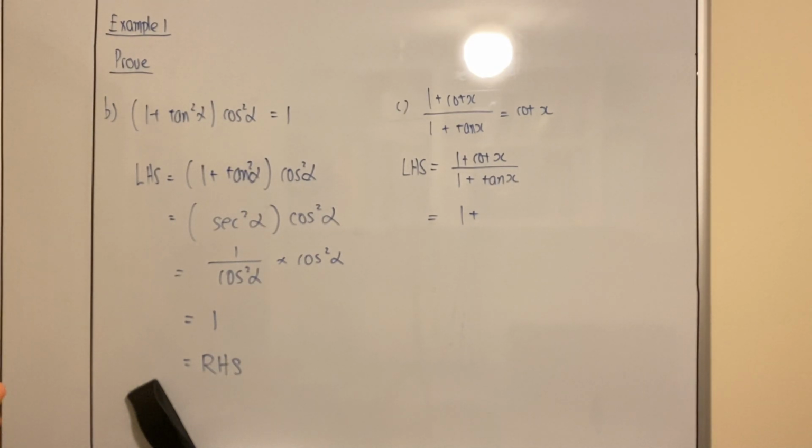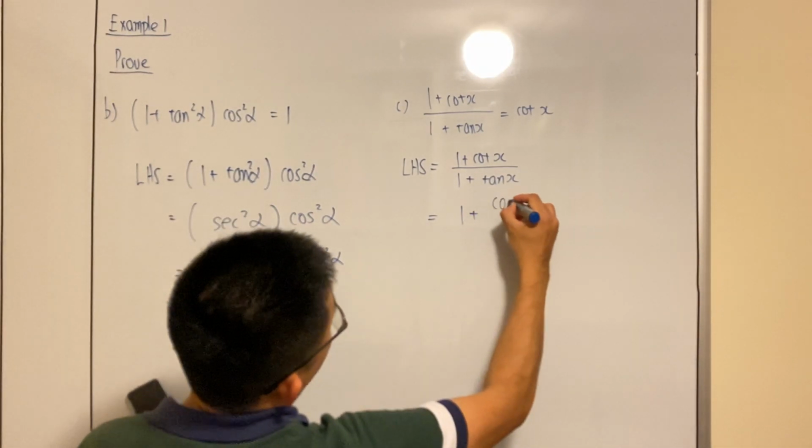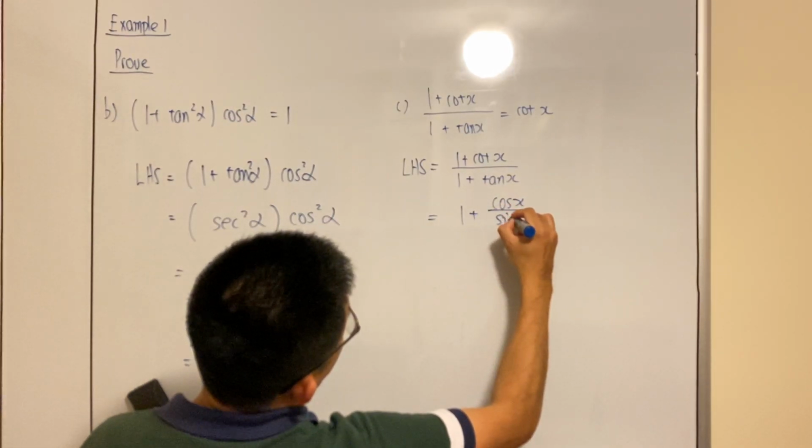For trig identity questions, you could have more than one way of doing the questions. So at this stage, the way I'll do it is probably just change cot x and tan x into cos over sine and sine over cos. But as I said, you might have a different way to do the questions here. We can have a look at those methods later on. Let's see if that works.